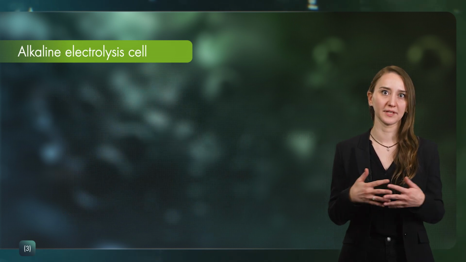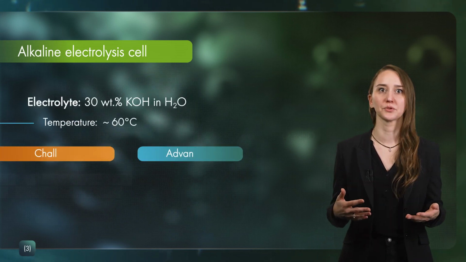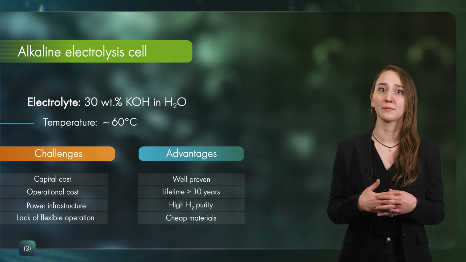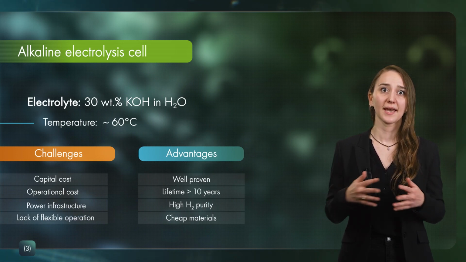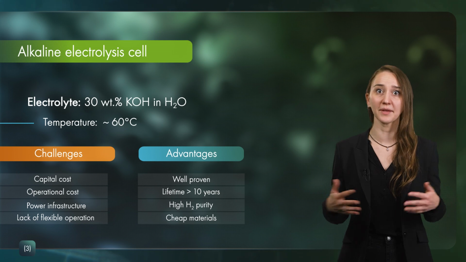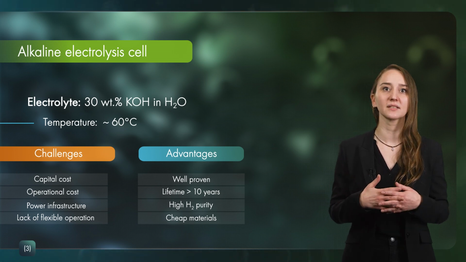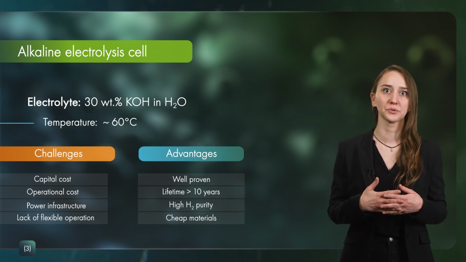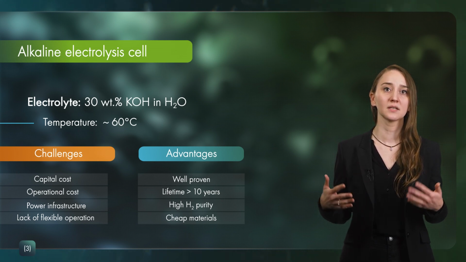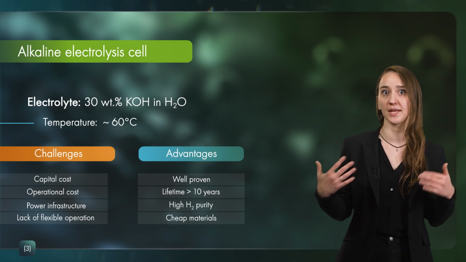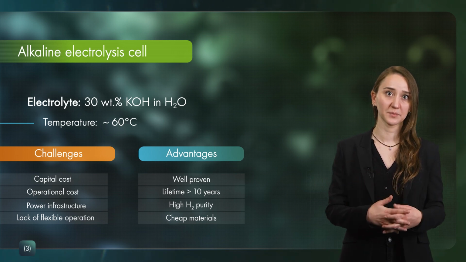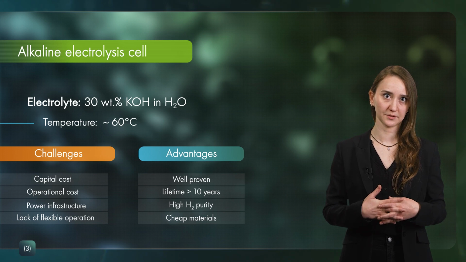Now, this type of electrolyzer has already been proven to work in reality with lifetimes well beyond 10 years. And in comparison to, for example, steam methane reforming, the produced hydrogen is of high purity. The alkaline environment also allows for the use of cheaper electrocatalysts, such as nickel instead of iridium and platinum, that are being used in PEM water electrolyzers.